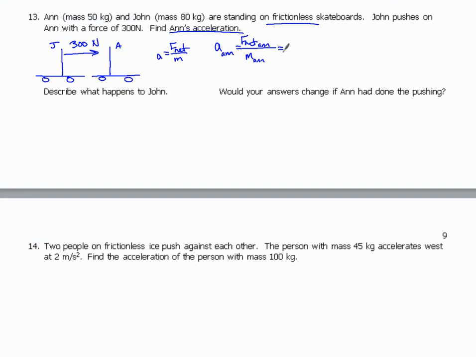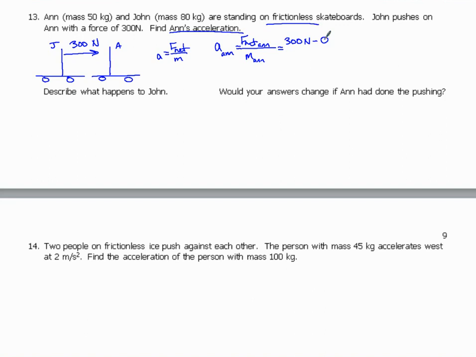So the net force, we have to think about all of the forces that are going on here. So there's a force of 300 newtons that is trying to accelerate Anne. In the opposite direction, we would include friction. However, this tells us that there is no friction.